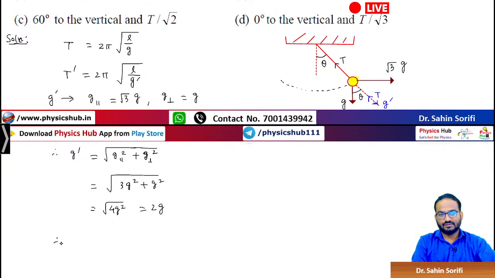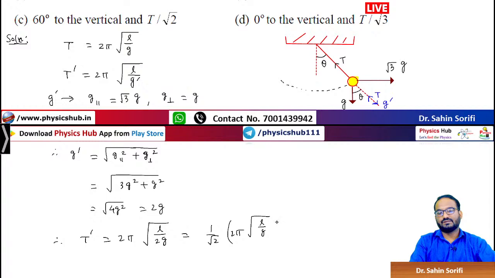Hence your T prime is equal to 2π√(L/2g). So we can write it as 1 by root 2 times 2π√(L/g), and this is nothing but t, so t upon root 2.